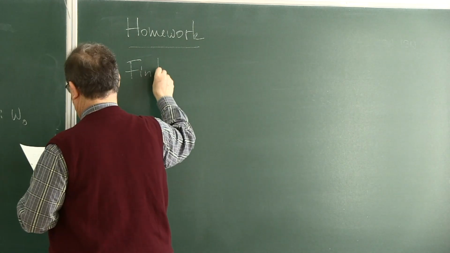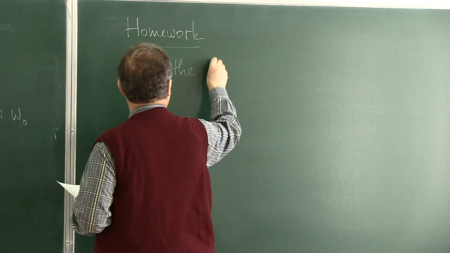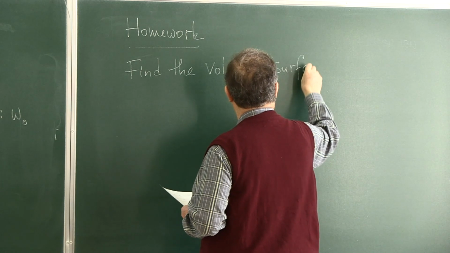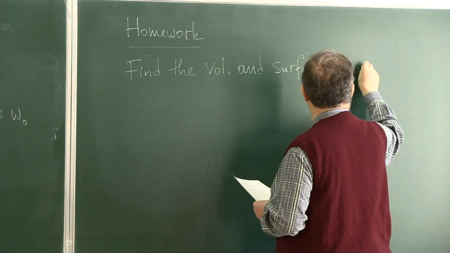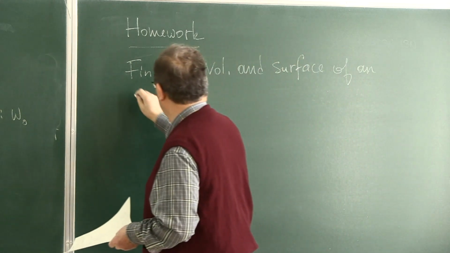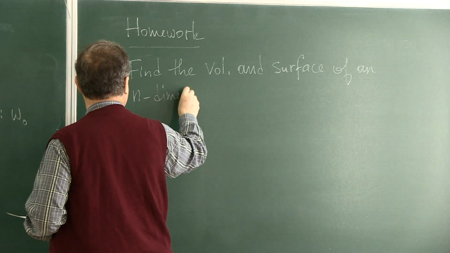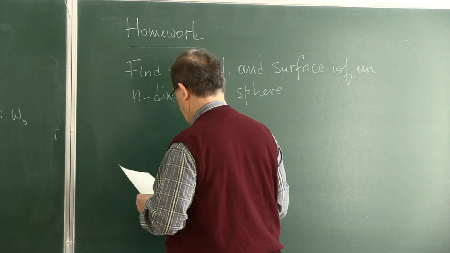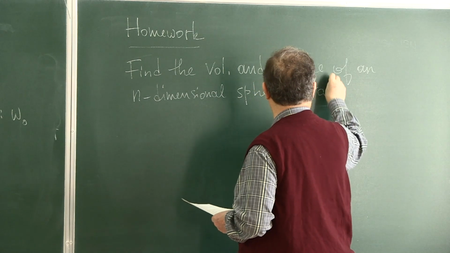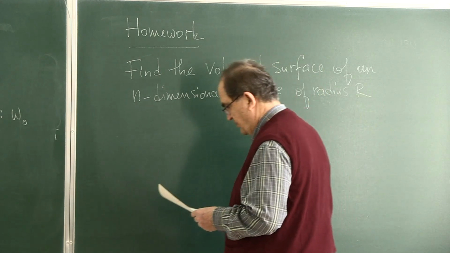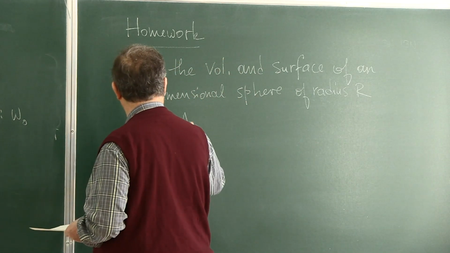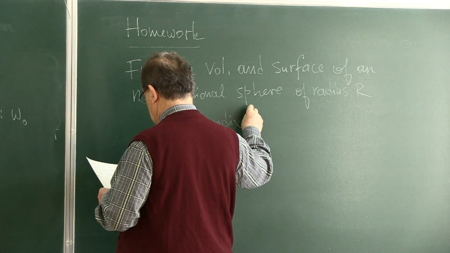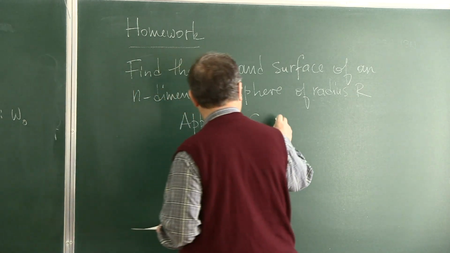Find the volume and surface of an n-dimensional sphere of radius r. This is appendix C of Pathria.